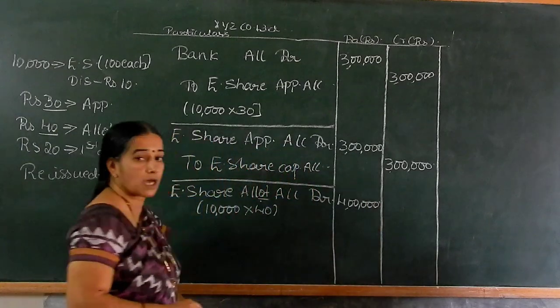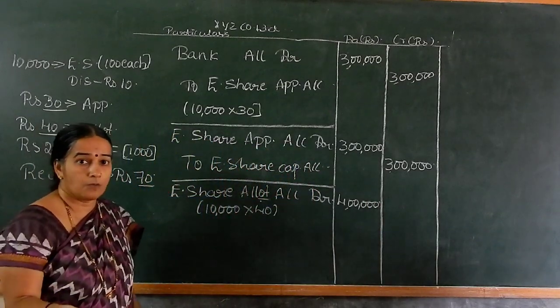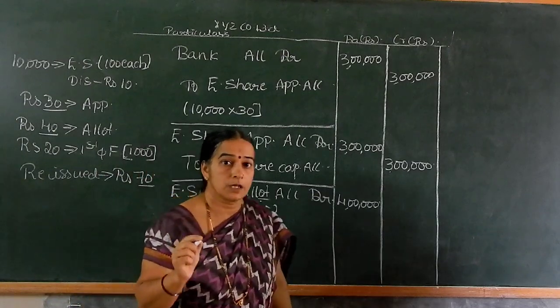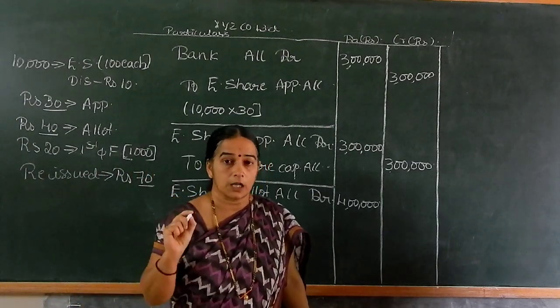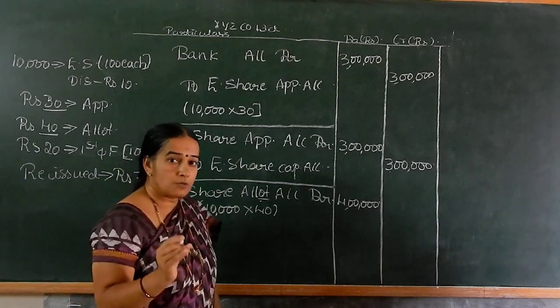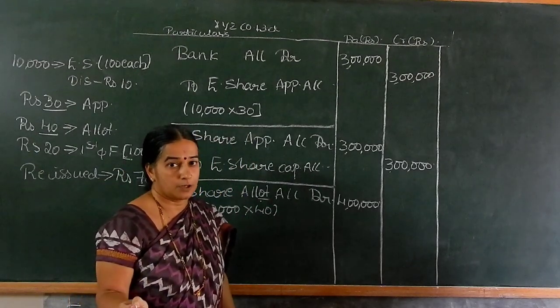And when the shares are issued at a discount, the discount is always allowed at the time of allotment. When the allotment money is due, the discount will also be allowed.